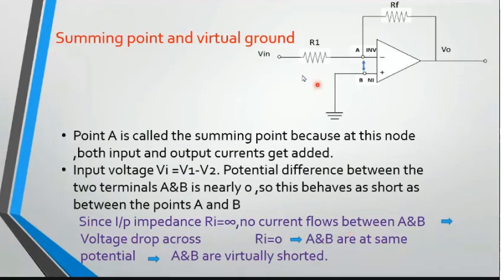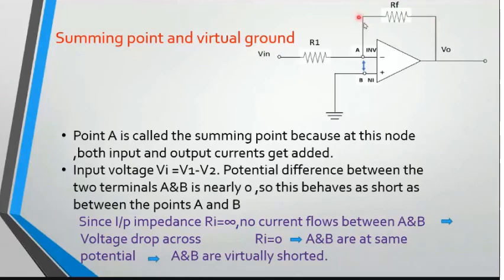Let us suppose you have a voltage source which is connected to the inverting terminal through a resistance R1. Then pin number 3, the non-inverting terminal, is connected to ground, and between pin number 2 and the output terminal you have a resistance.